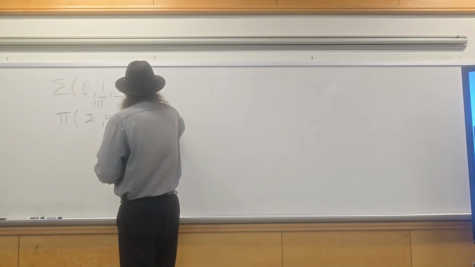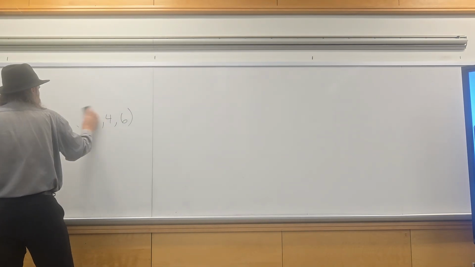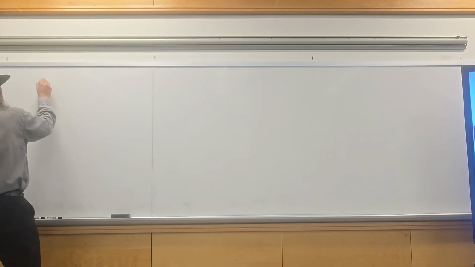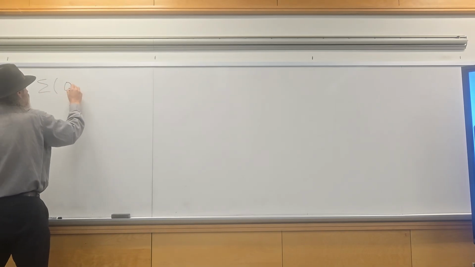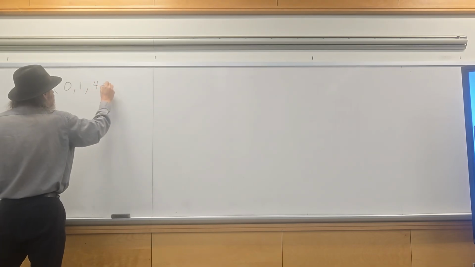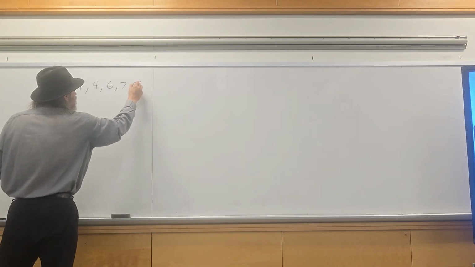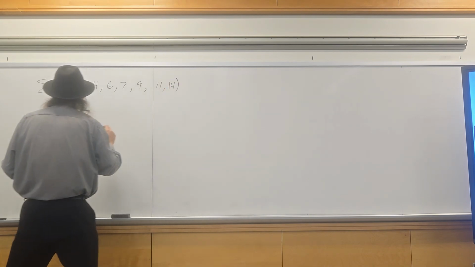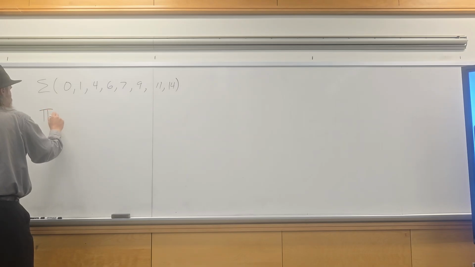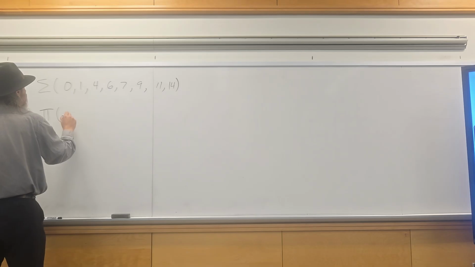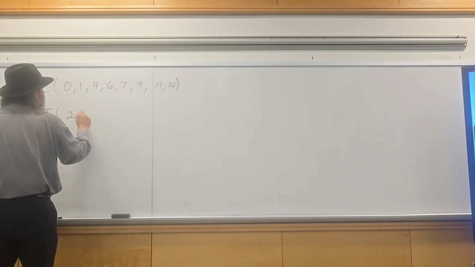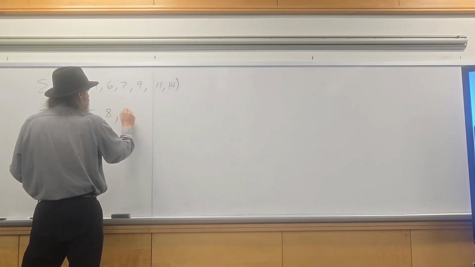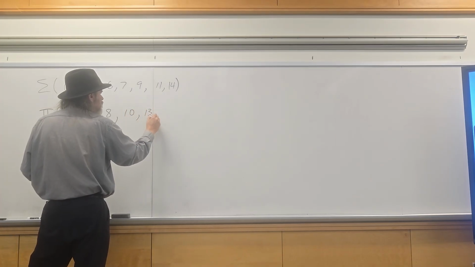So, for example, let's say you have sum of 0, 1, 4, 6, 7, 9, 11, 14. And the product of 2, 5, 8, 10, 13, 15.